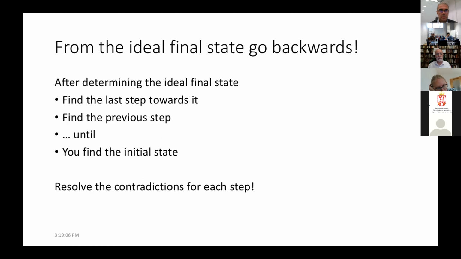And then you have the ideal final state and go backwards. What is the last step towards the ideal final state? What is the previous, etc., to the existing situation? And for each step, you find and resolve contradictions.